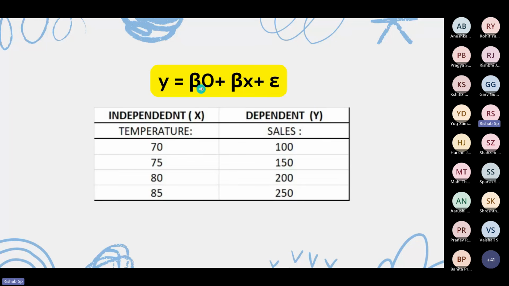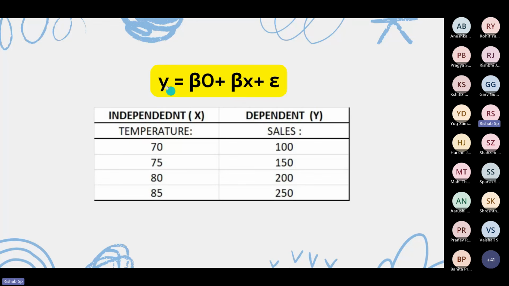Beta 0 is actually the intercept, but I'm not getting into that so deep. This is the basic structure. If there is any question to find the linear regression, the format is that simple. You will get the x value, you will get the y value, and they will also give the beta and beta 0 value, and you just need to put that into this equation.